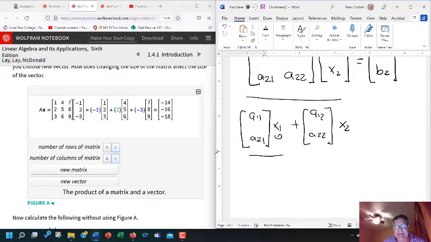Notice, because this is a scalar, it doesn't matter whether it's to the right or to the left. They're doing theirs 3 by 3. I just wrote ours 2 by 2. So that allows them to do this combination. And you can see the minus 1 times that. And then eventually they add up those linear combinations to get minus 14, minus 16, minus 18. So the result of this multiplication is going to be B1, B2 as vectors.